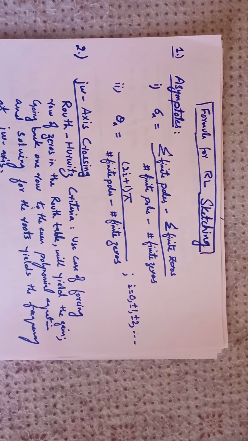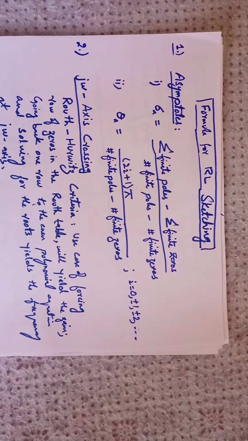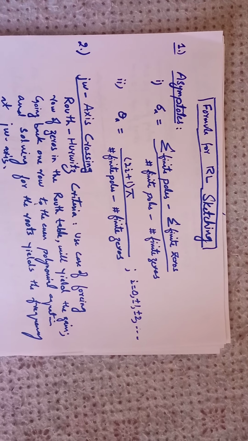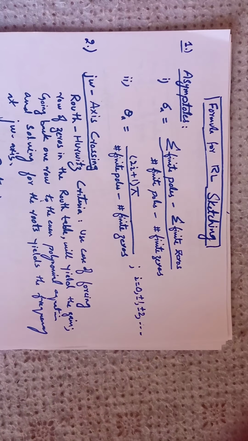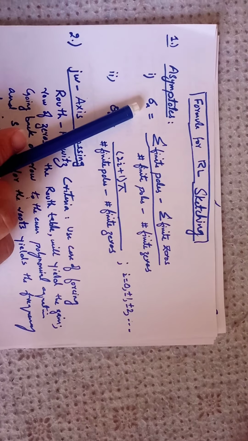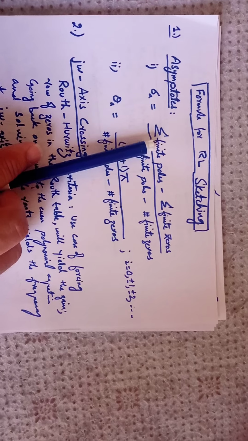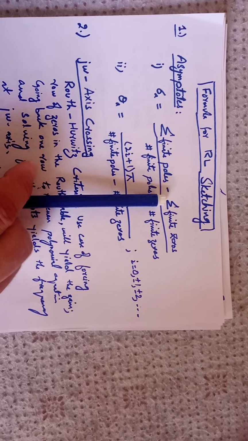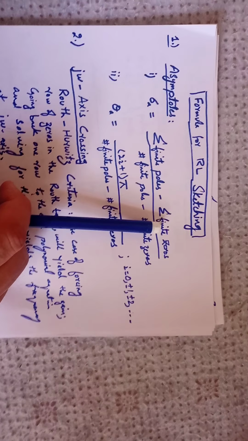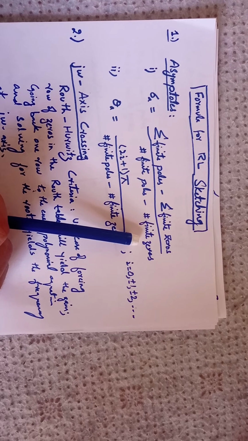There are two points in asymptotes. One is the location of the asymptotes, and the other is the angle at which they depart towards infinity in the S-plane. Now look here. The location is calculated by taking the locations of the finite poles, minus the locations on the S-plane of the real parts of the zeros, and dividing by the number of finite poles minus zeros.